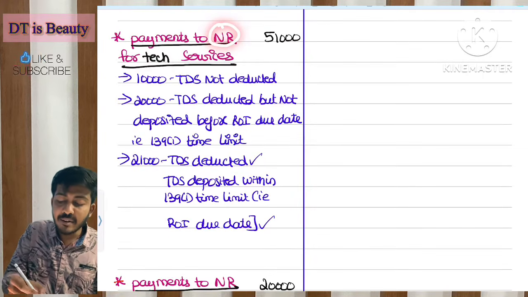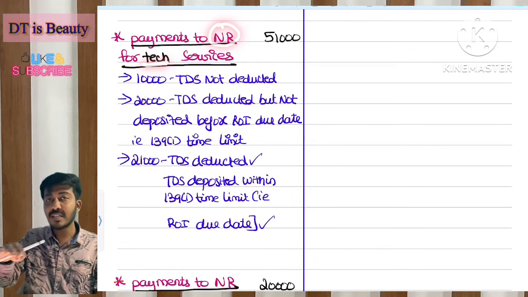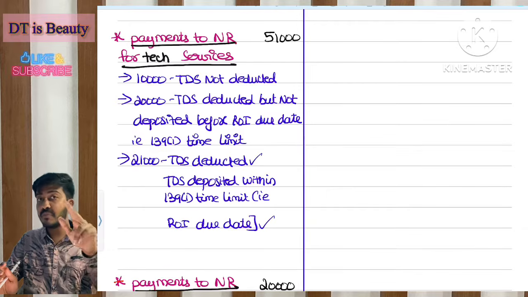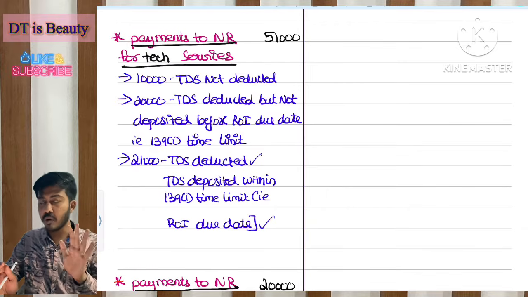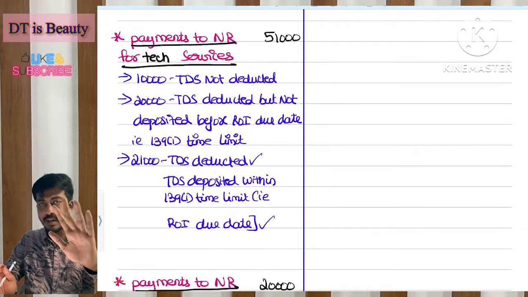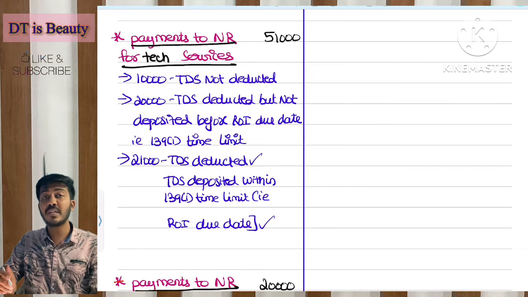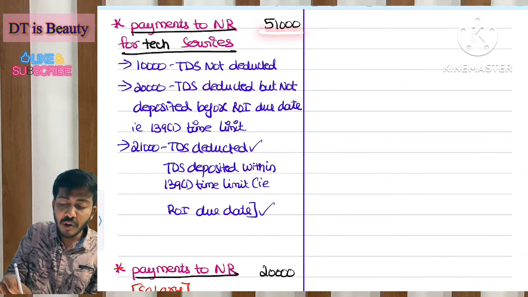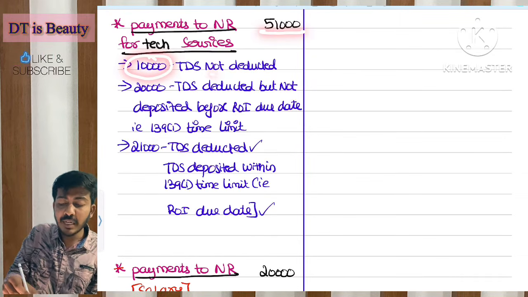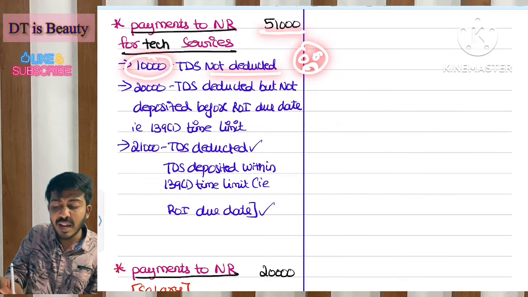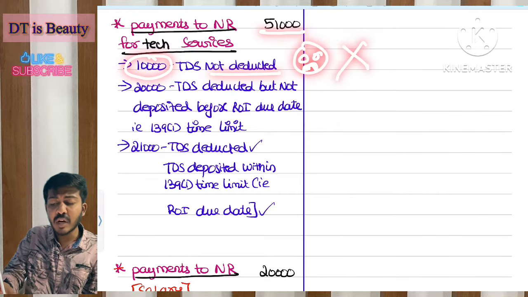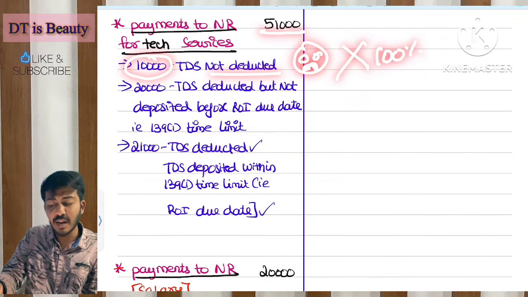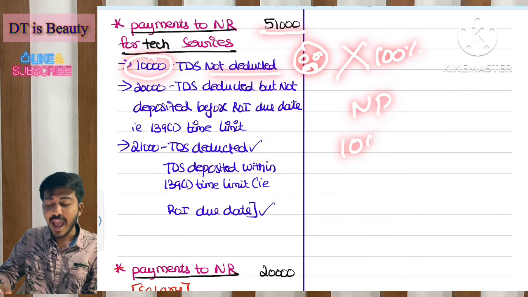Payments to non-resident related to technical services. This is other than salary. If you deposit within the income tax due date, it is enough. What are the two mistakes? TDS not deducted, or TDS deducted but did not deposit within the 139 one time limit. Let us see how many mistakes they have made. Out of 51,000, on 10,000 TDS is not deducted itself. Therefore, 100% is disallowed. To the net profit, add back 10,000 fully.